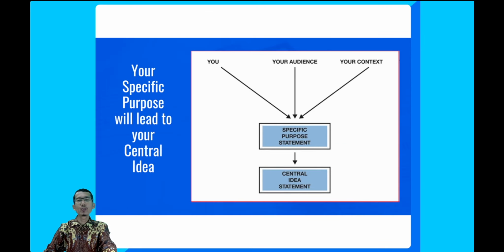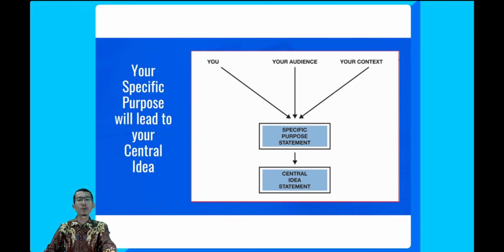Now that you know your purpose, to inform, to persuade, or to entertain, you can start to move in the direction of the specific purpose. A specific purpose statement builds on your general purpose, such as to inform, and makes it more specific, as the name suggests.